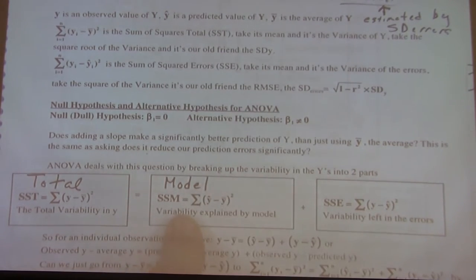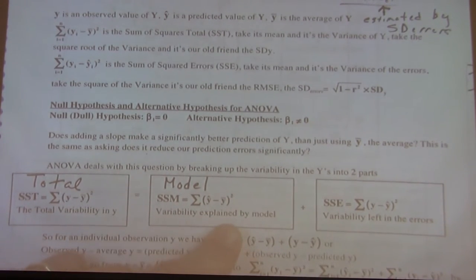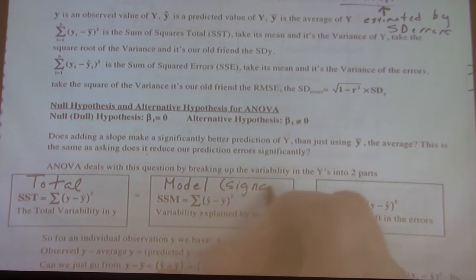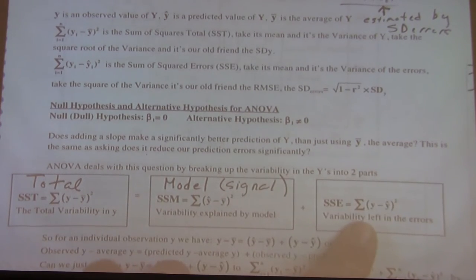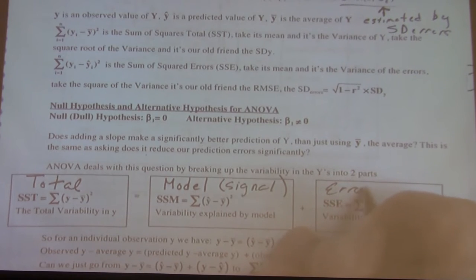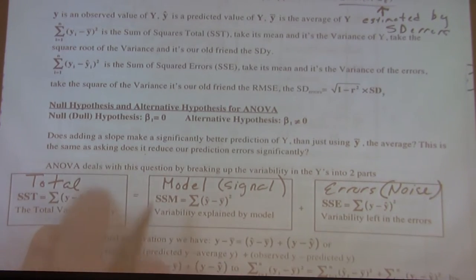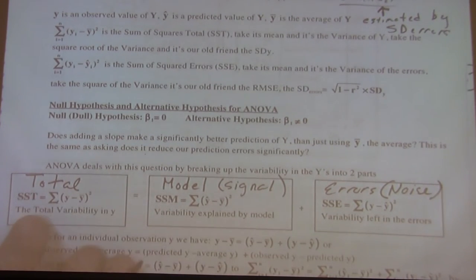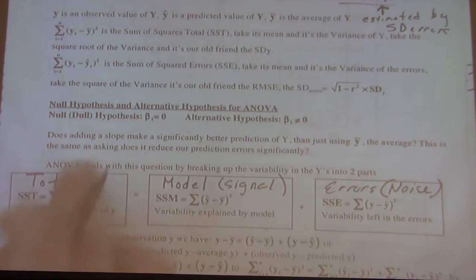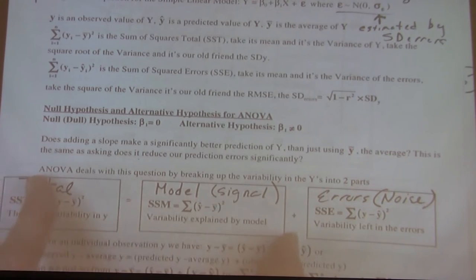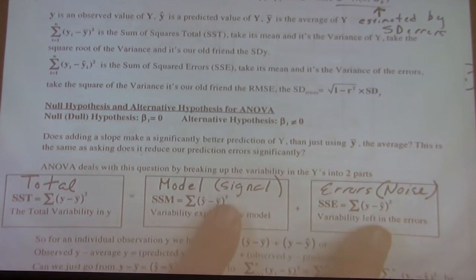One will be the variability explained by our model, in this case just by our slope, really. We call this our signal. And then what's left in the errors, this right here, is the noise. So we're trying to model these y's, and the variability will be broken into two parts, our model and our noise.